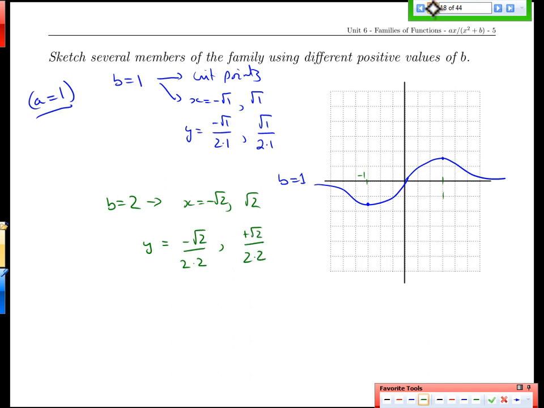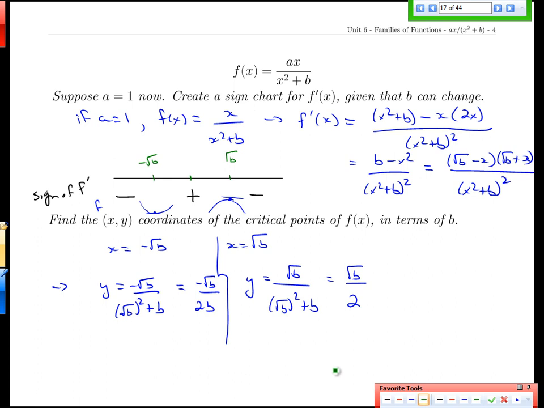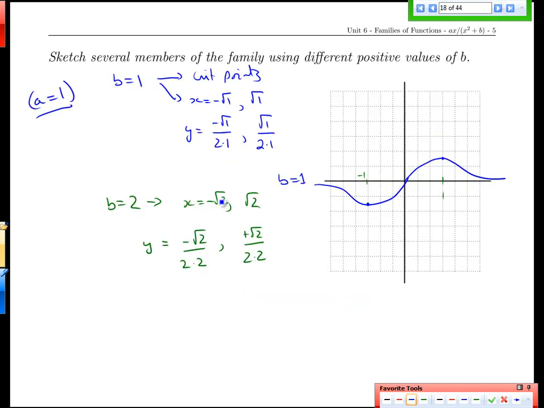Just going back, I'm getting this y coordinate from root b over 2b. That's what I'm missing there. Root b over 2b, negative root b over 2b. There's our b, root b over 2 times b. And so that, we can calculate it out.